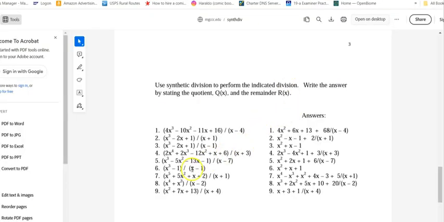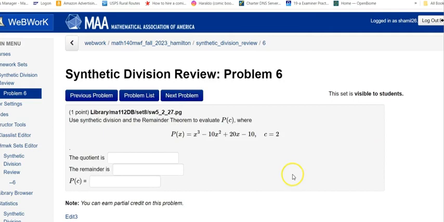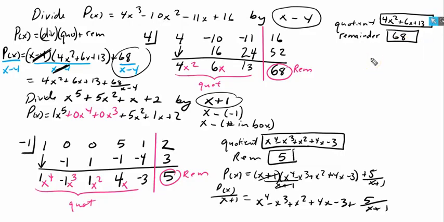Okay. And we had this one. All right, so I'm just checking that the answers are correct. Now, how are you meant to answer something like this? Well, this is something new called the Remainder Theorem. Okay.